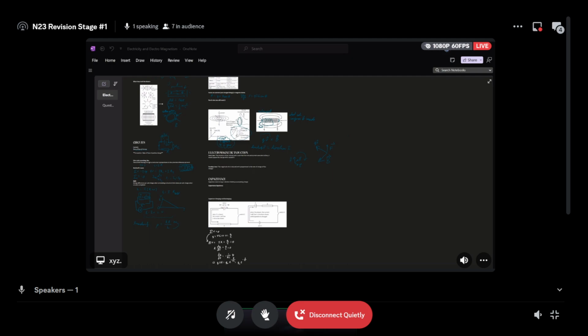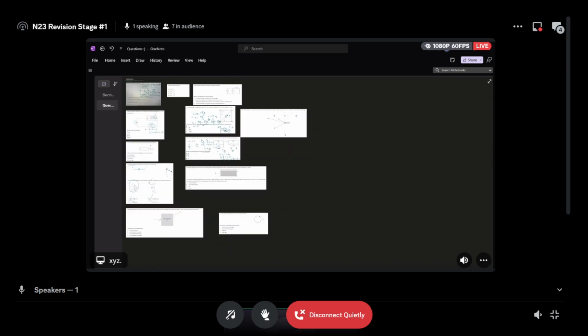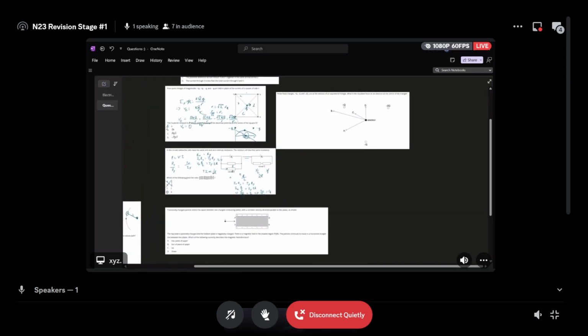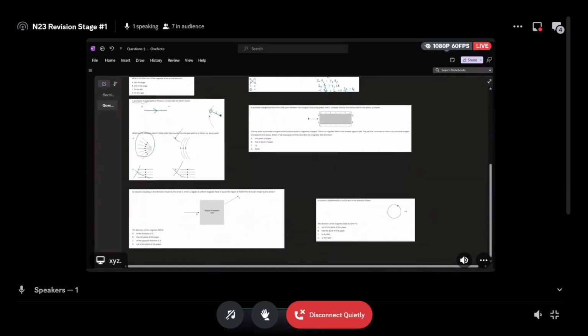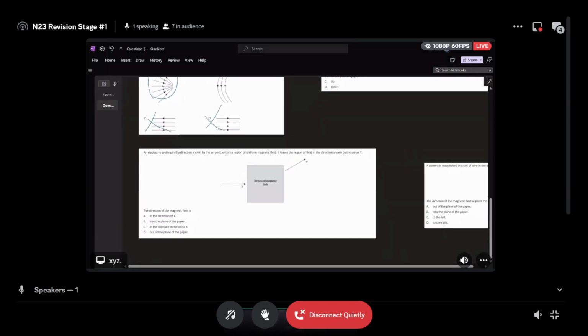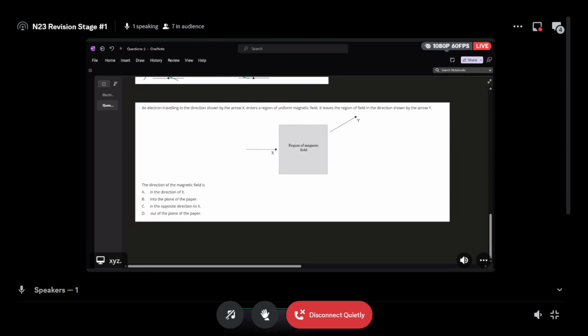Okay, we'll do questions here. I don't know how many electromagnetism questions I have, but okay, we'll do this one. An electron is traveling in the direction shown by the arrow, and there's a uniform magnetic field, and it leaves going that way.